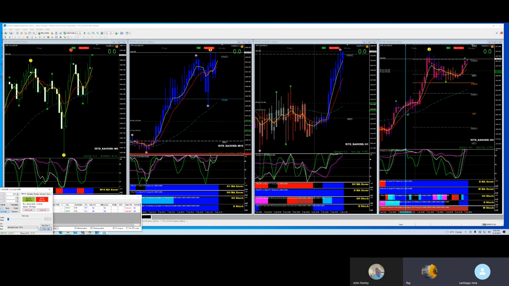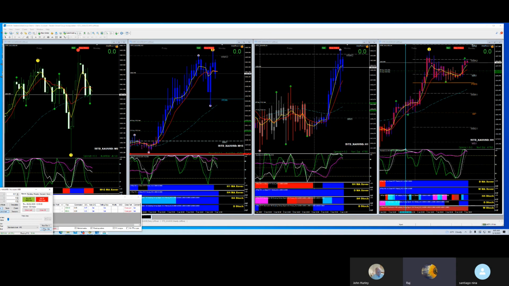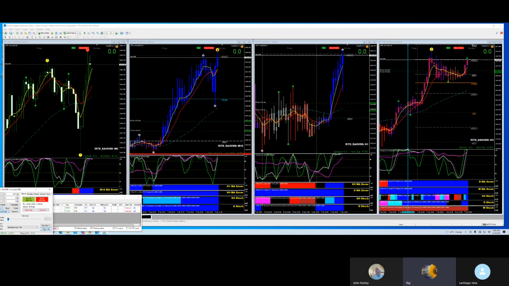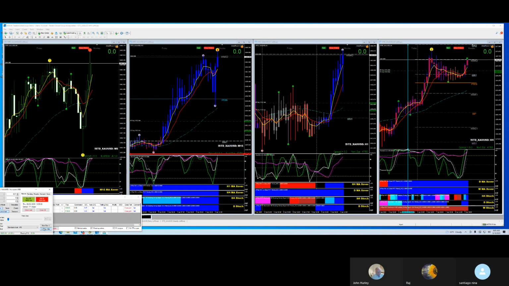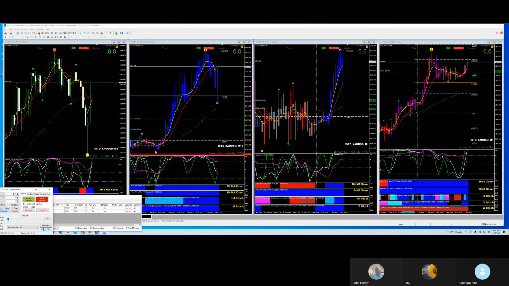I got it moving too much. There's the entry. A few more back, and there you go, there's the entry. And move forward, I'm trying to see where this lands.